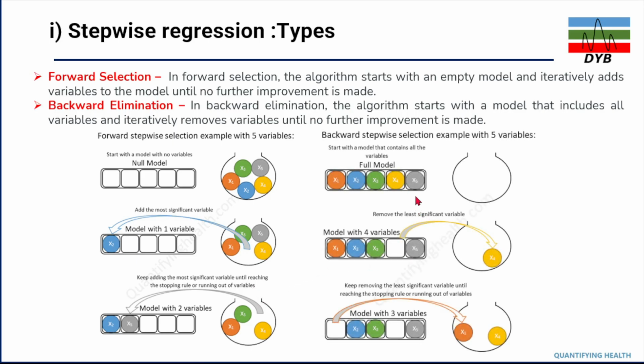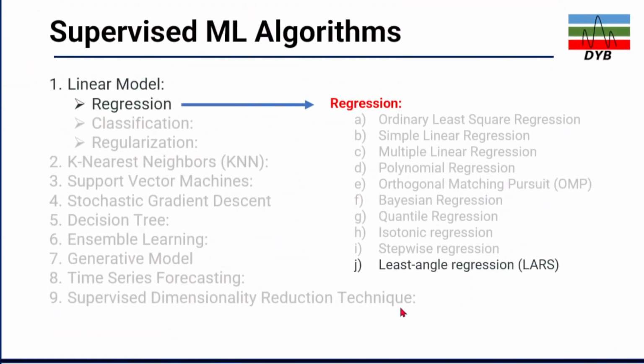In this, your model starts with the full model, including all the variables, and iteratively removes them until no further improvement is made. Let's say in the first step the model has 4 variables, so you remove one. Now we remove another variable, so you are left with 3.